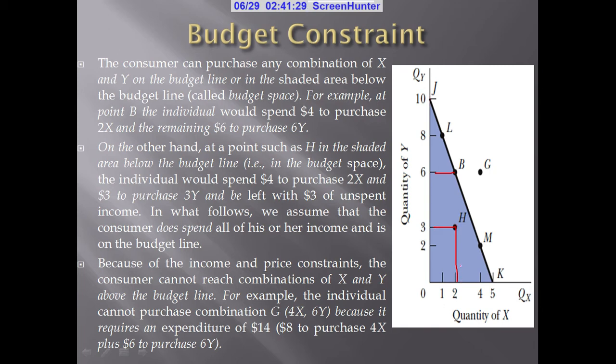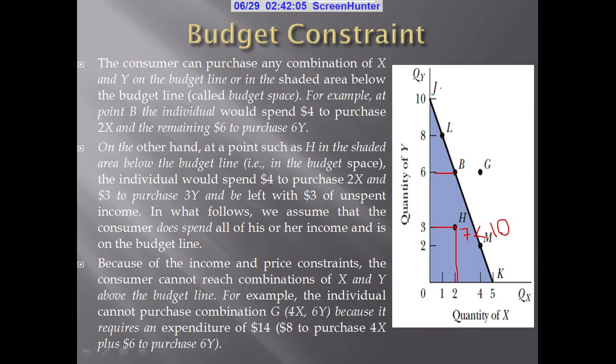Total expenditure on the consumption of X: the consumer is consuming 2 units of commodity X and the price of X equals 2, so 2 multiplied by 2 equals 4. 4 plus 3 equals 7. It means that at this point the total expenditure of the individual equals 7, and 7 is less than 10, meaning the individual is not spending all of his income. Some income remains in the pocket of the individual. Now equality does not hold here.